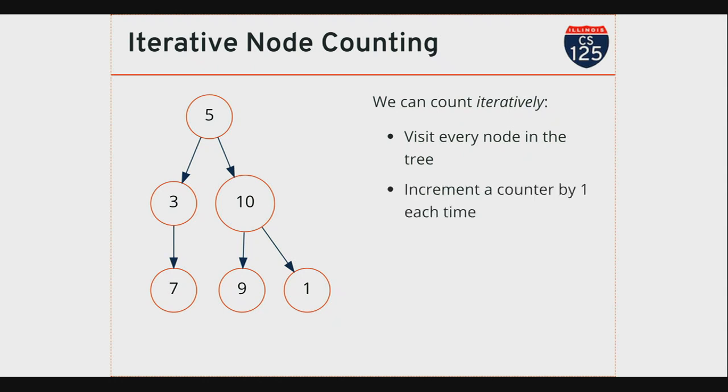Let's say I give you a reference to node 5, which is the root, the node with value 5. If I can write a loop that goes through all the nodes in this tree one by one, then I can just keep a counter inside my loop and increment it every time, and I'm done. When you implement size for linked lists, this is how you're going to do it. And so I can do this.